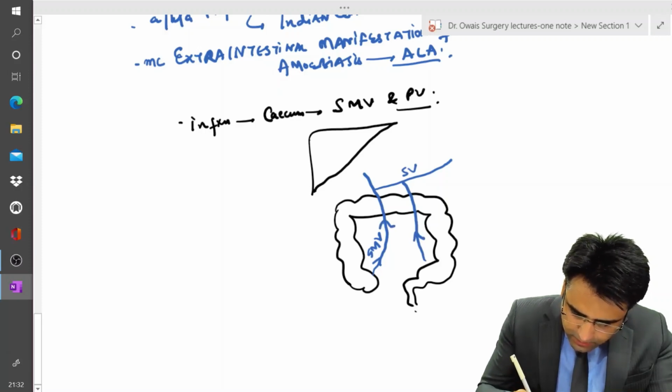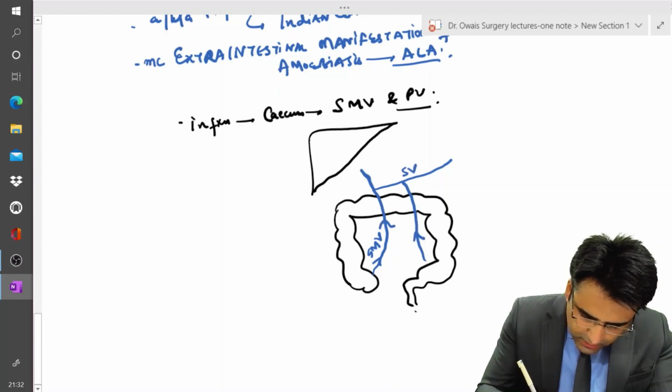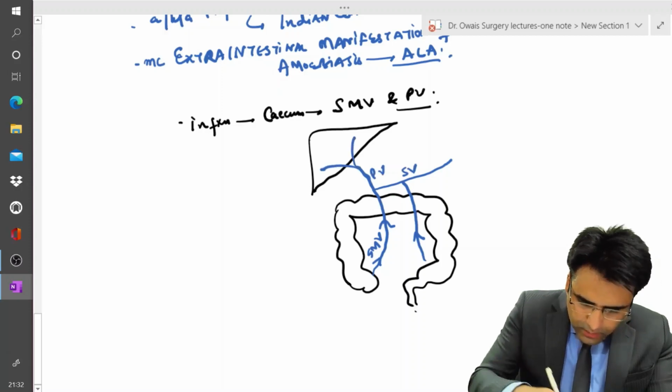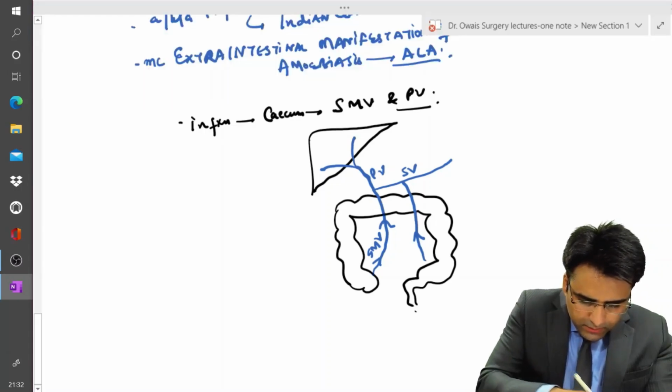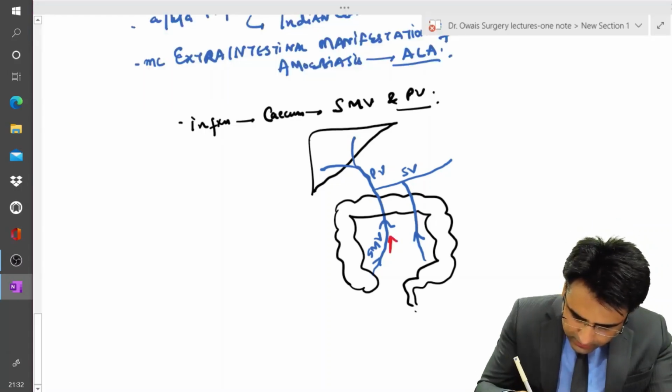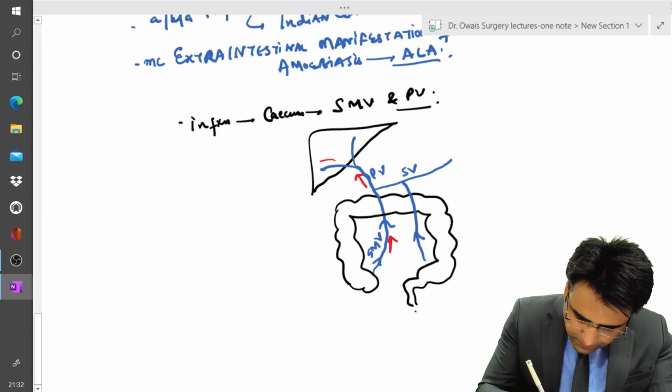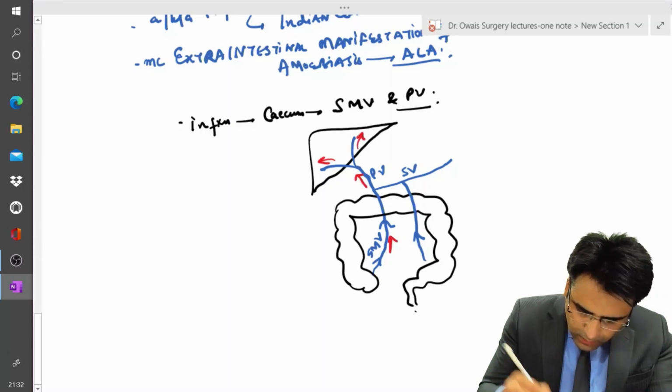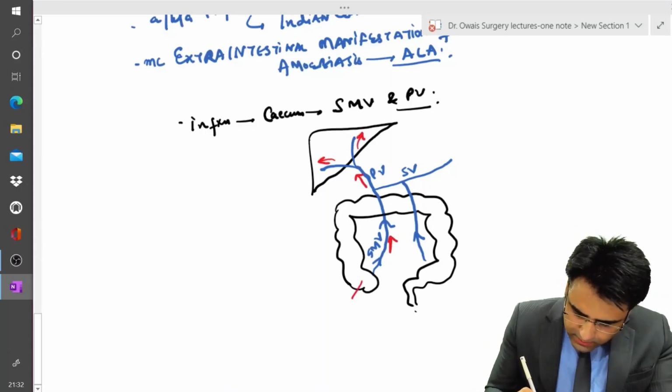And this superior mesenteric vein and splenic vein form the portal vein, which divides into right and left branches. So if we see the direction of the blood flow, it is like this. Now this is the cecum.